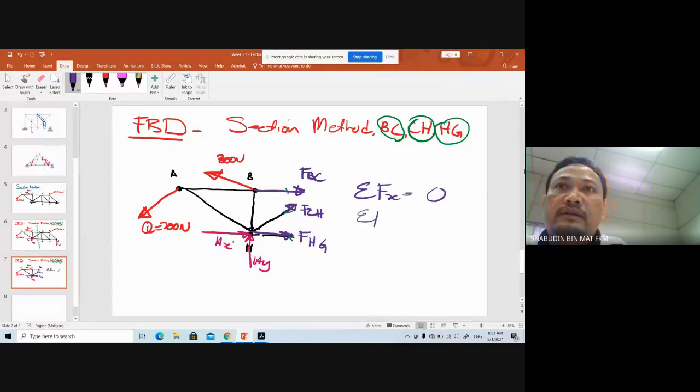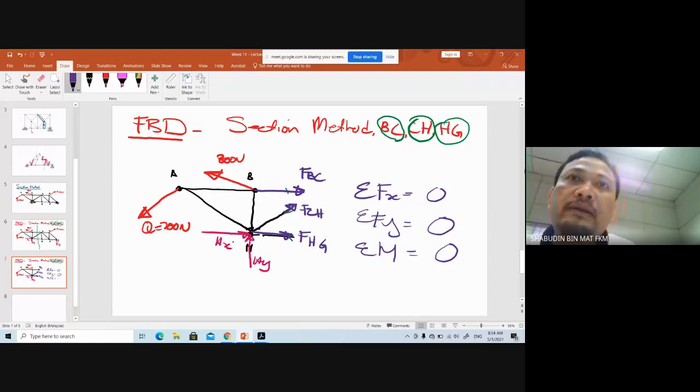Summation of force in Y is equal to 0. Summation of moment at any point is equal to 0. You're taking moment at point H, you can get FBC. And then when you have force BC, everything is solved. Okay, this we call the section method.